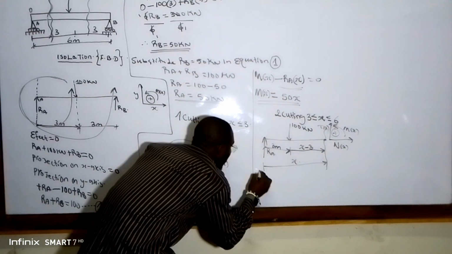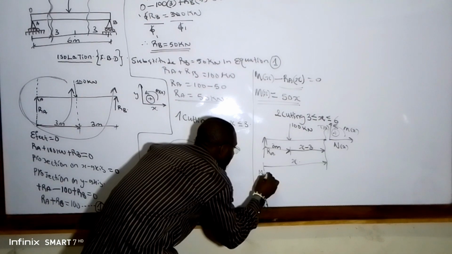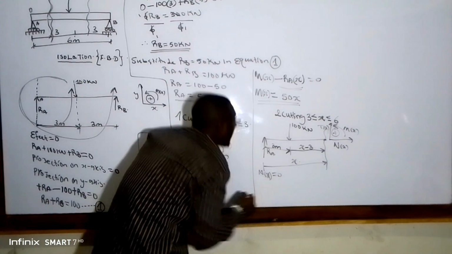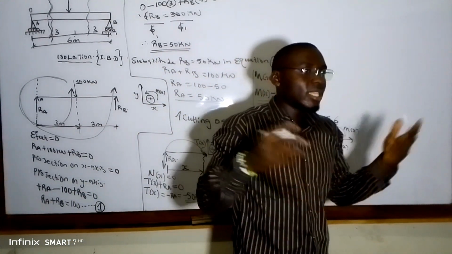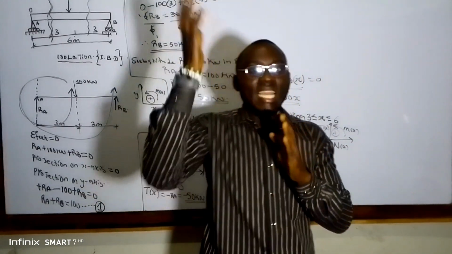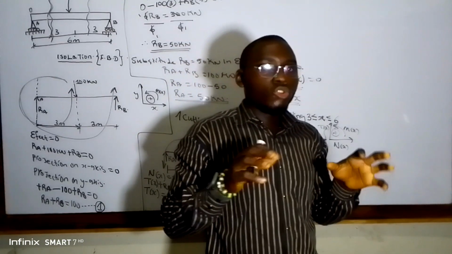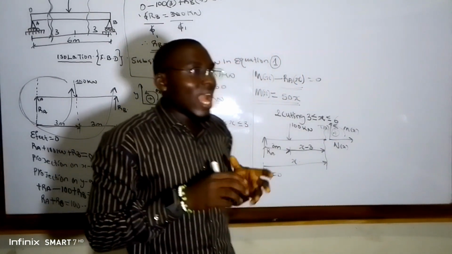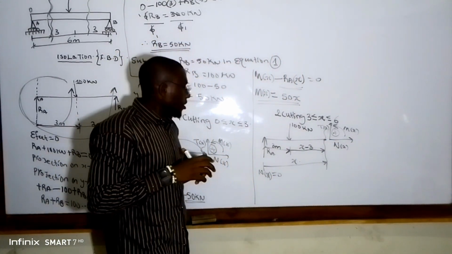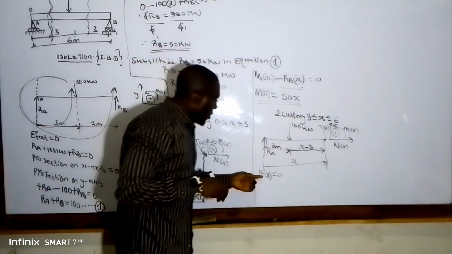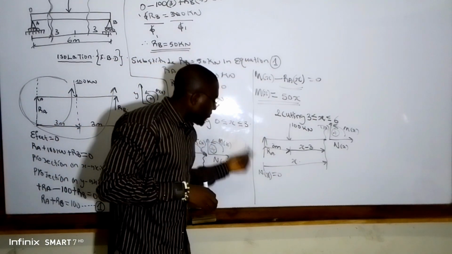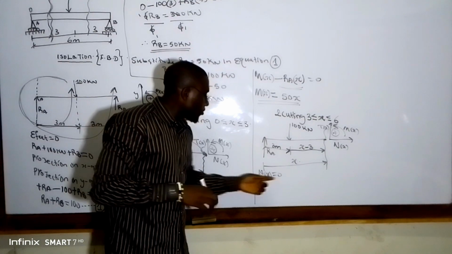So guys, our normal force is 0 in this case. In other cases, let's say in triangular beams and inclined beams, our normal force will not be 0, because we are going to use the components of the force to resolve the force. So our N of x in this exercise is equal to 0.